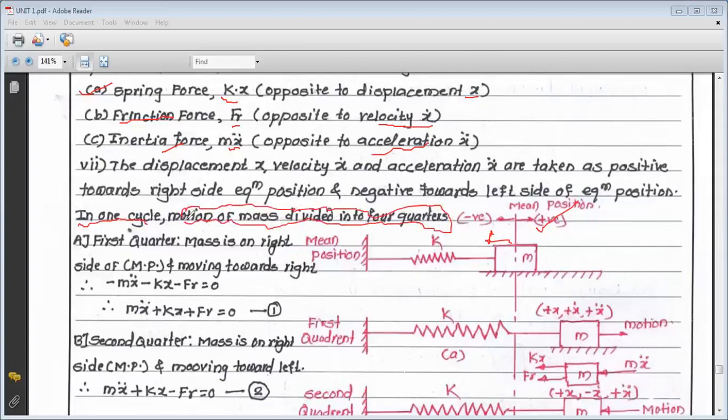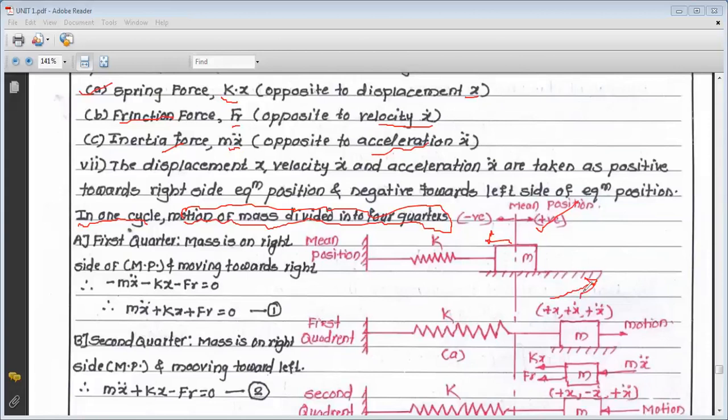The first quarter, or first quadrant, is where displacement, velocity, and acceleration are all in the right hand side.